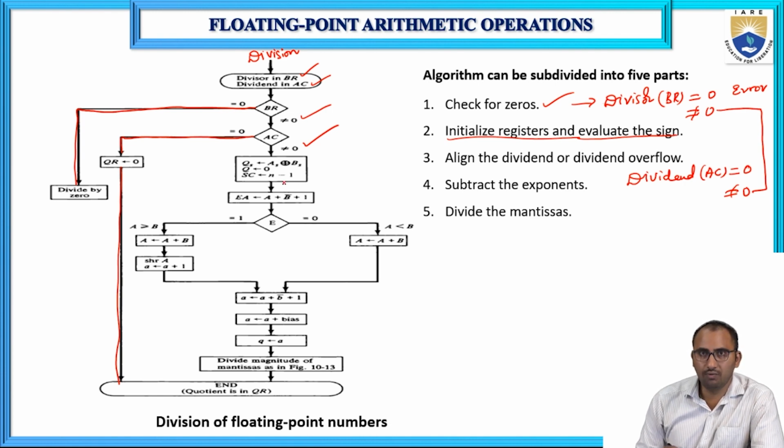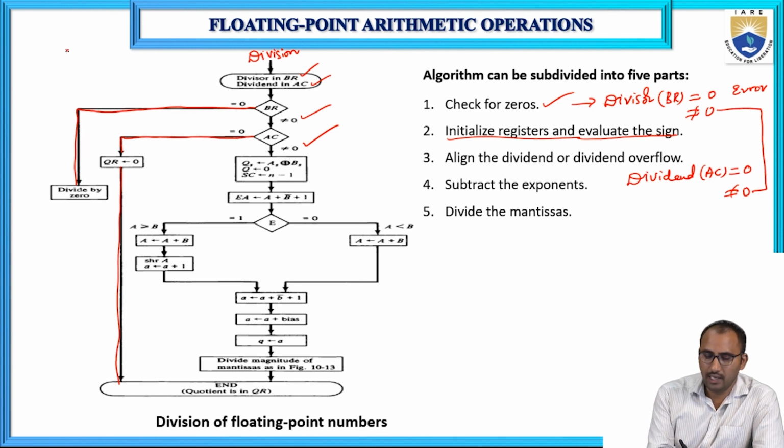So how are we evaluating the sign of the quotient? By performing an exclusive OR operation between the signs of the divisor and dividend. The divisor is in the BR register and the dividend is in the accumulator register. The sign of the dividend is in AS and the sign of the divisor is in BS.